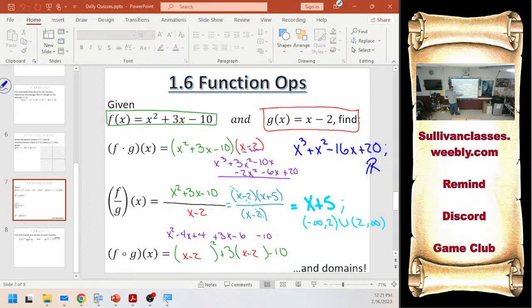So, x squared, negative 4x and 3x is minus x. 4 minus 6 is negative 2. Negative 2 minus 10 is negative 12. I know that it is factorable, okay? That's my answer. It is simplified, it is done.